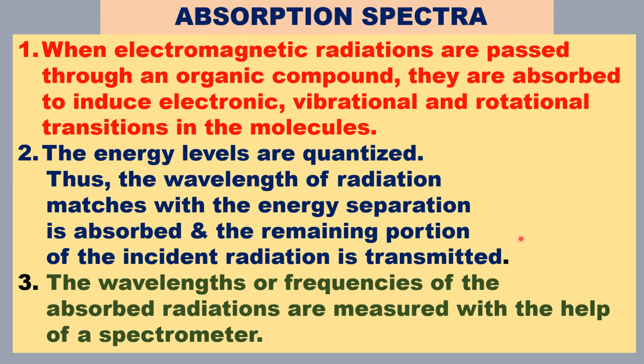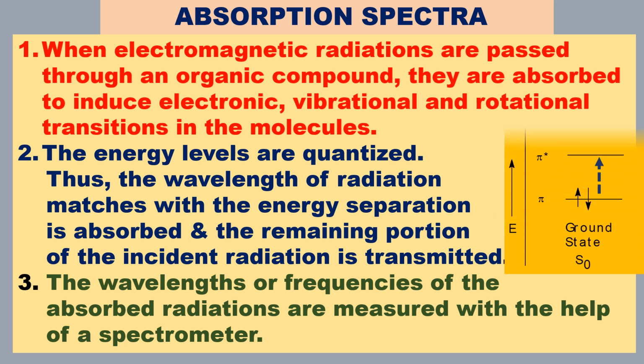There are two types of spectroscopy: absorption spectroscopy and emission spectroscopy. When electromagnetic radiations are passed through an organic or inorganic compound, they are absorbed by the molecules to induce electronic, vibrational or rotational transitions, because the molecules have vibrational motions, and as a result, vibrational energy levels.